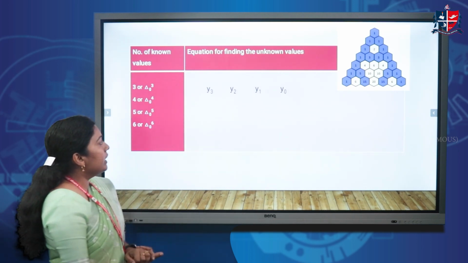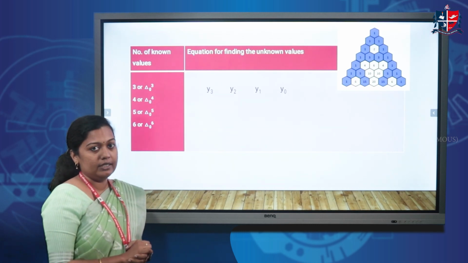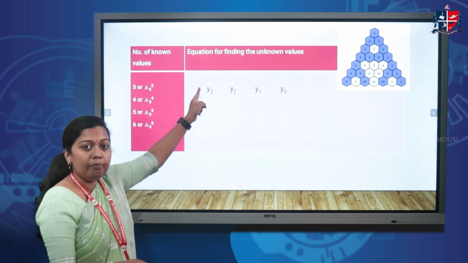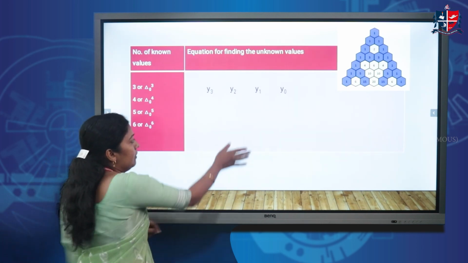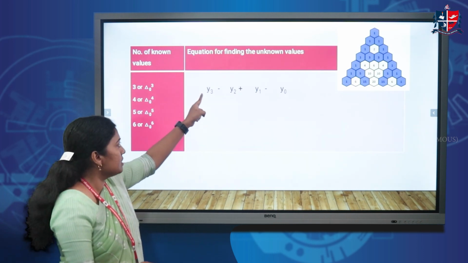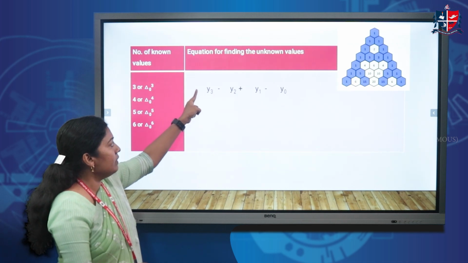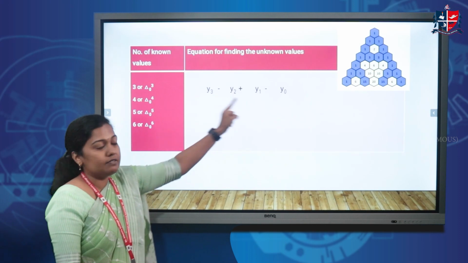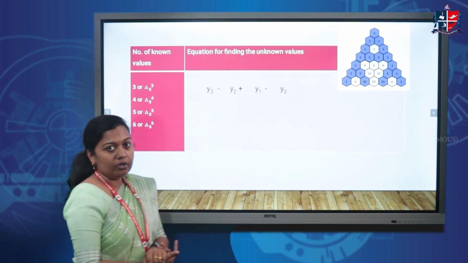Then immediately after that you have to put the positive and negative signs alternatively. Always the first sign will be positive: positive, negative, positive, negative. So for the first variable y3 you put a positive sign, then alternate.